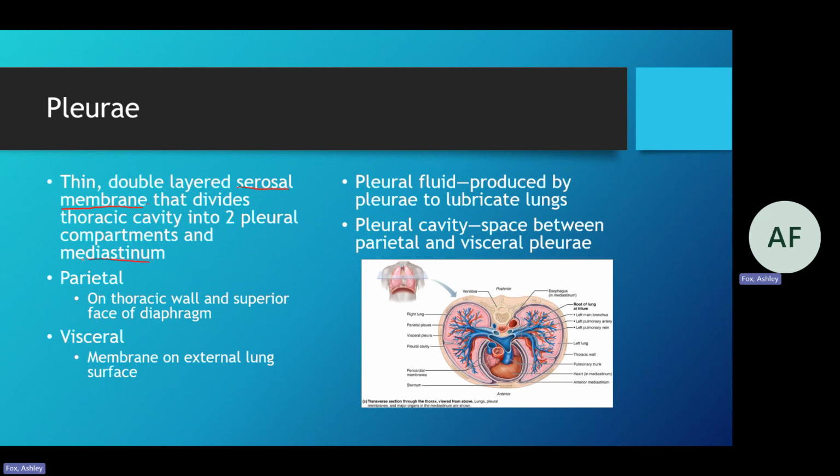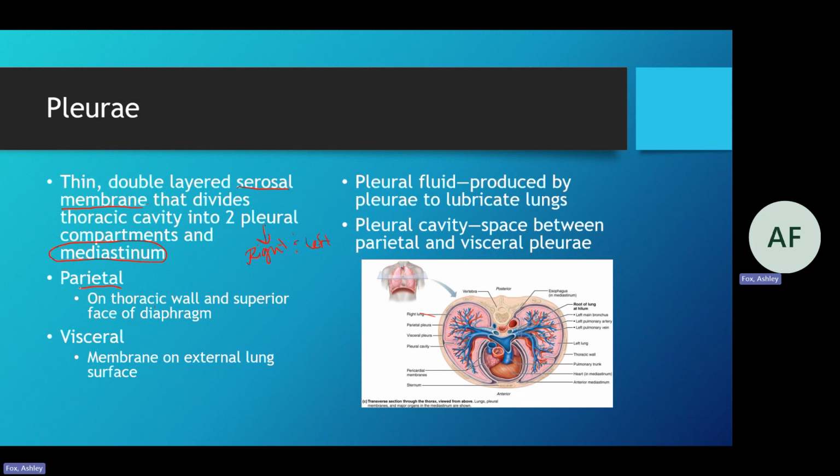So you have two areas with lungs, a right and a left for the lungs, and a middle compartment, the mediastinum. So we have the middle, and then we have the right and left. And just like other membranes, we talked about parietal and visceral pericardium when we talked about the heart. Same thing is going to be in the pleura.